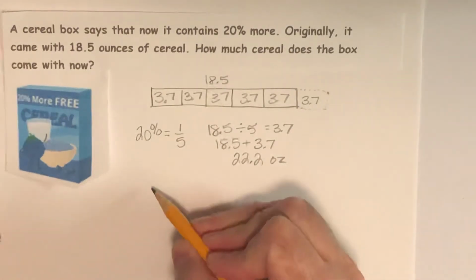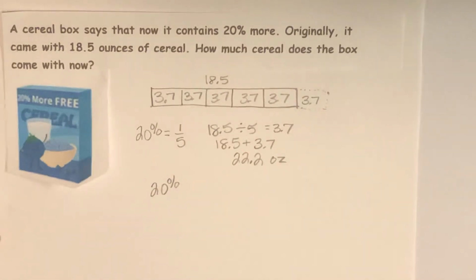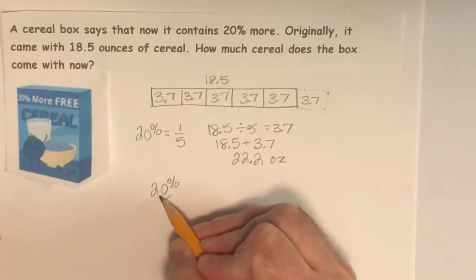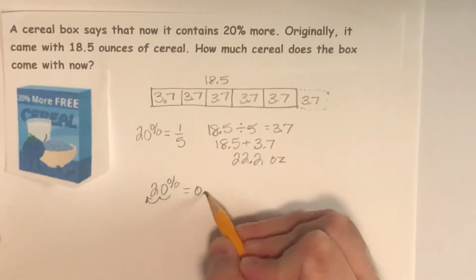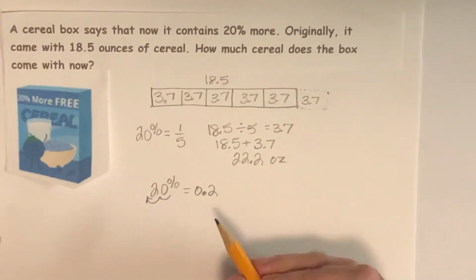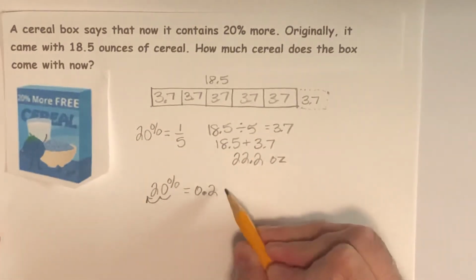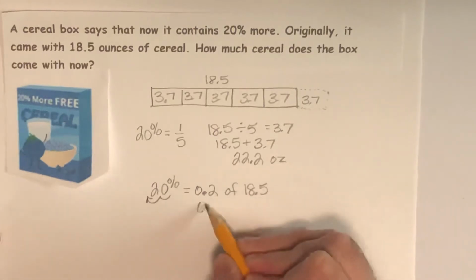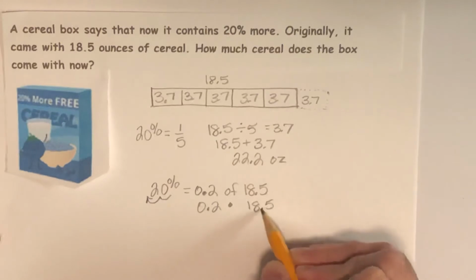Another way we could do that is I know that 20%, I can change that to a decimal by moving the decimal place 2 places to the left. That becomes 0.2. And using that to find 20% of 18.5. So 2/10 of 18.5 is the same thing as 2/10 times 18.5.